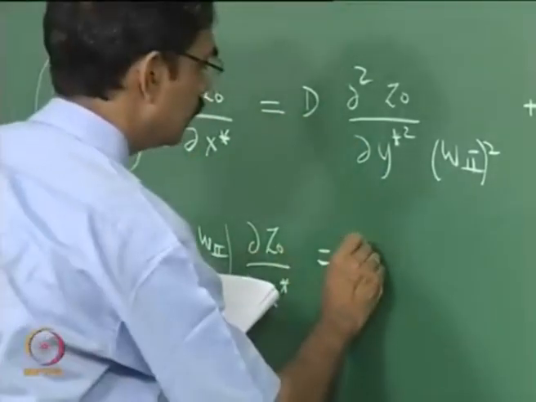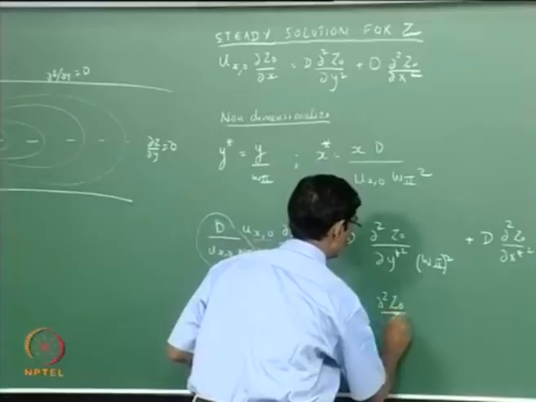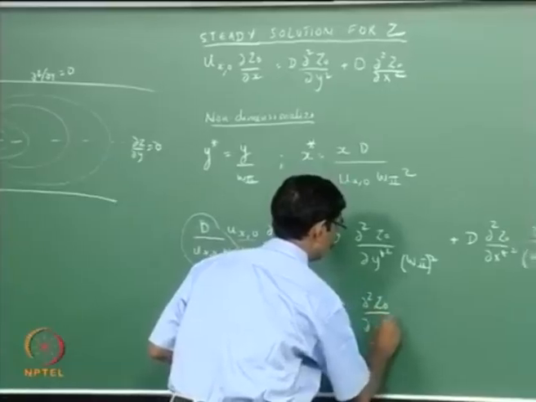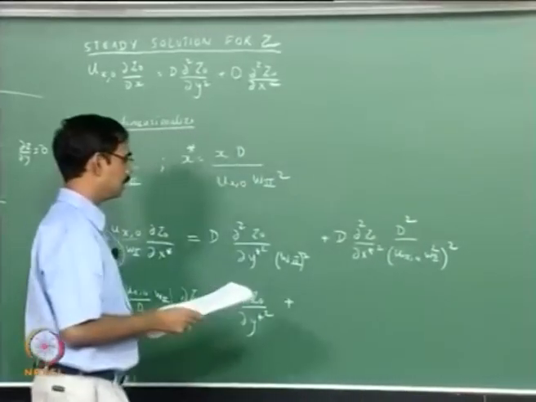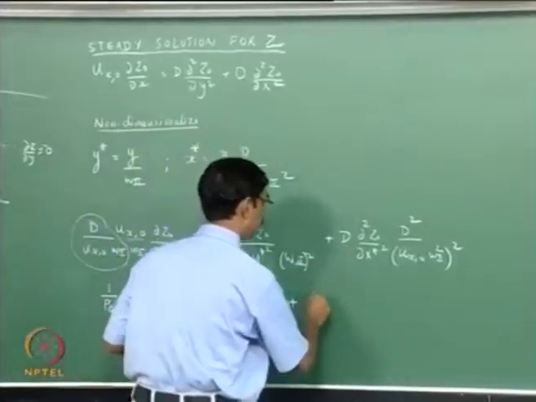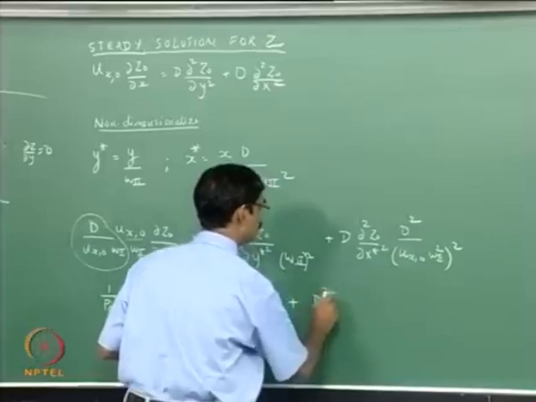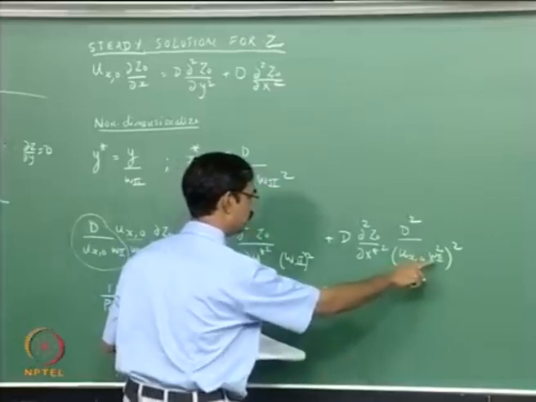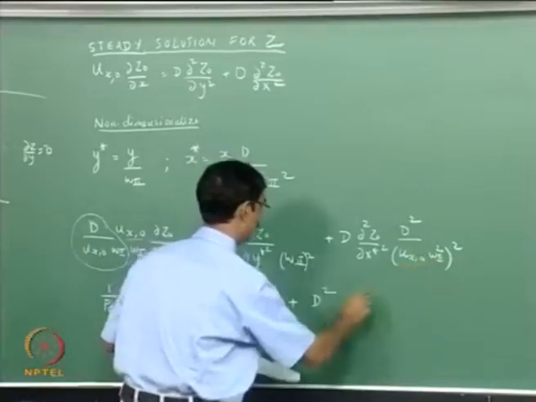So all I have here is dou squared by dou y star squared plus... I took out one D, so I have u squared left, and I removed W2 squared.